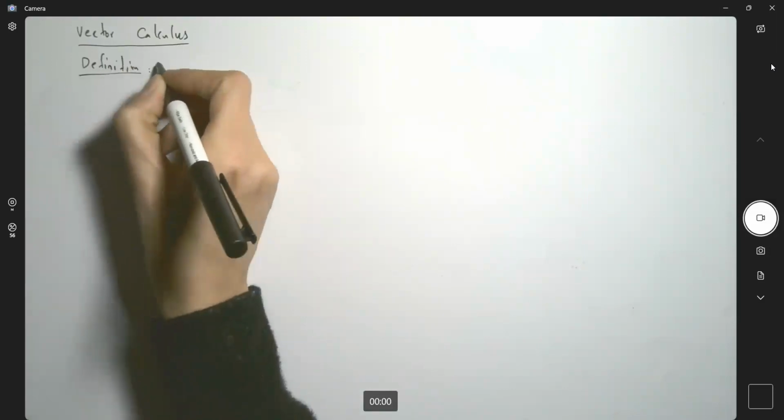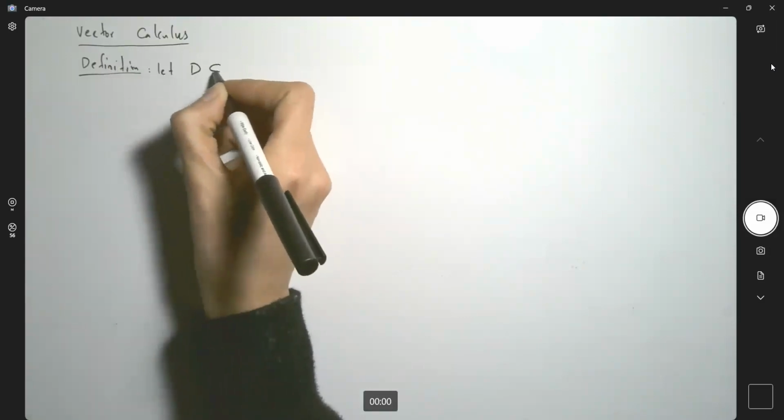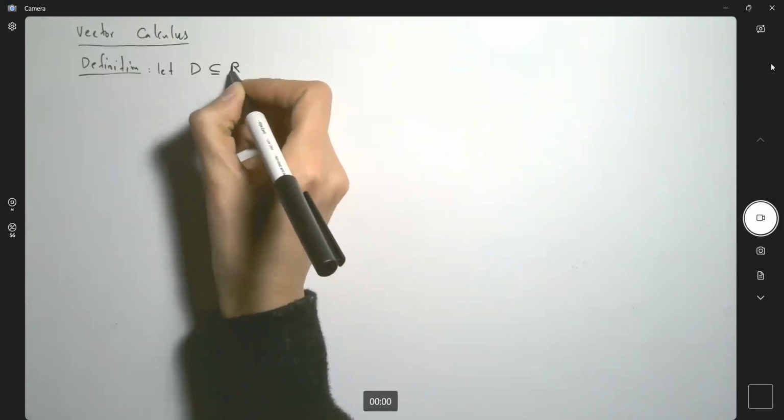So let us start with the basic definition. Suppose D is a set in the plane. Let D be a subset of the plane.